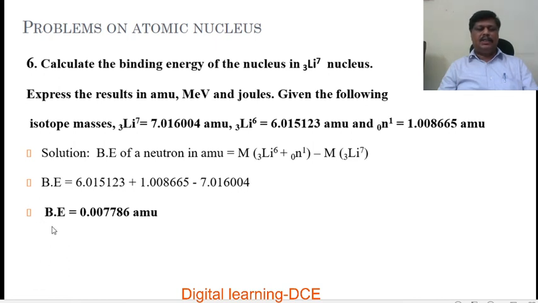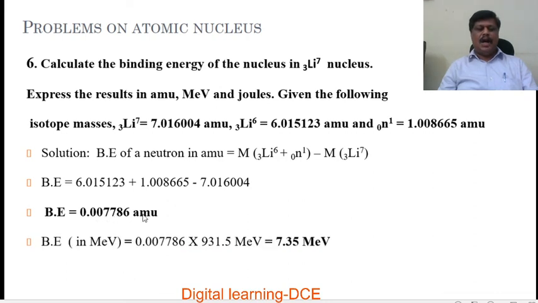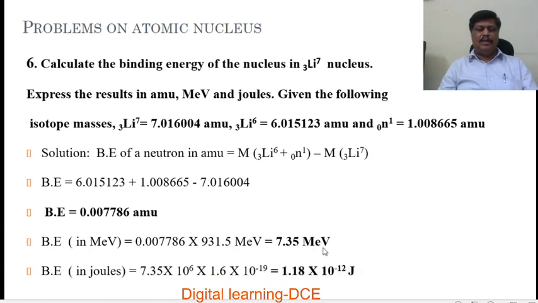So add these two and then subtract. You'll get the binding energy in AMU as 0.007786 AMU, and binding energy in MeV. So we know that 1 AMU is equal to 931.5 MeV. So multiply this value with 931.5 MeV, we get 7.35 MeV, that is binding energy in MeV.